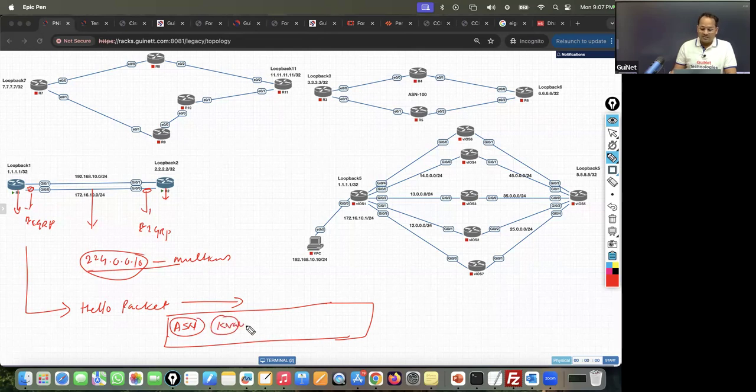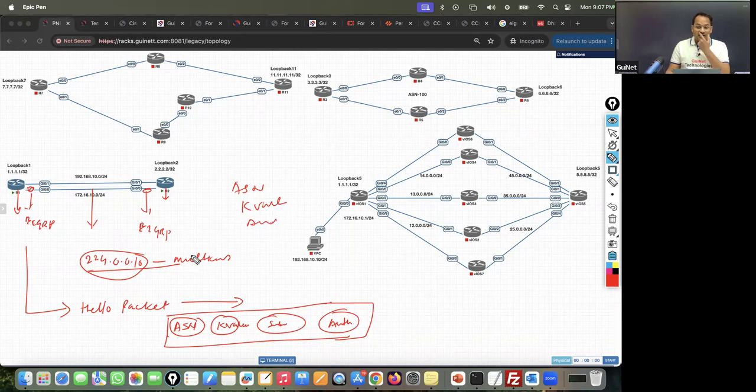They are going to include your subnet details, and also your authentications. Most important: AS number, then key values, and then authentications. These three parameters are going to be sent. So if your AS number does not match on both sides, you cannot build the EIGRP neighbor.